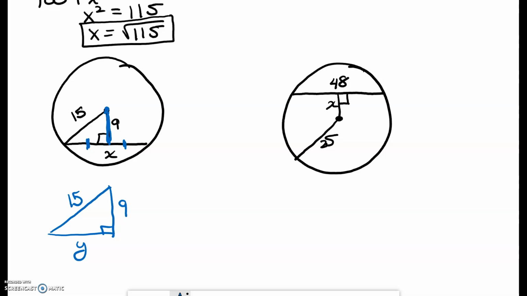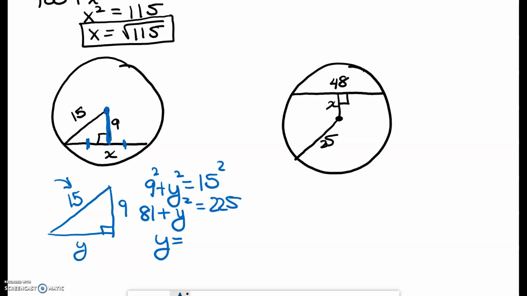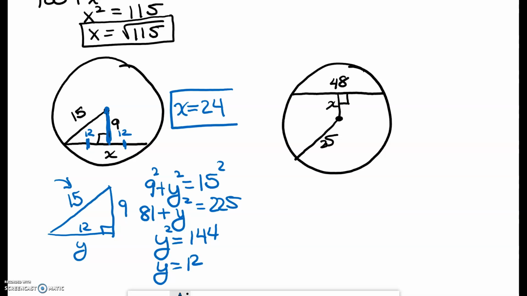So this is my hypotenuse, so 9 squared plus y squared equals 15 squared. 81 plus y squared equals 225. Y squared would be 144. So y equals 12. So this is 12. That means that is 12. So x must be 24.